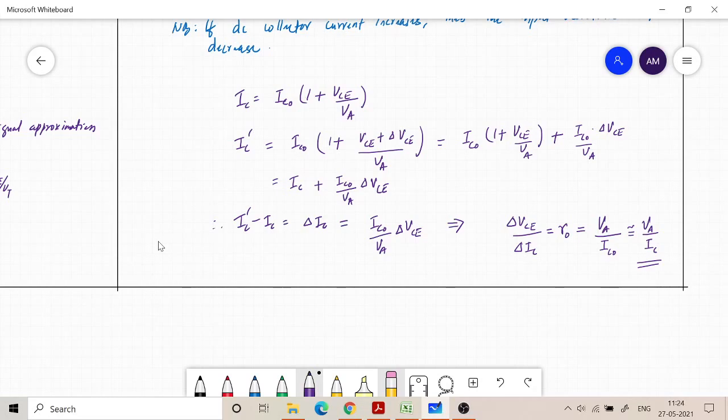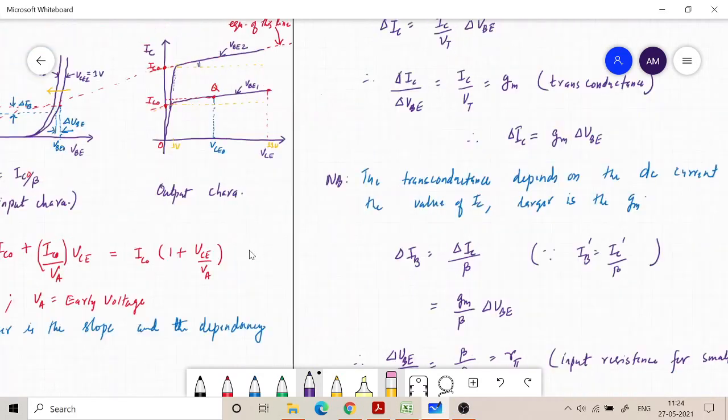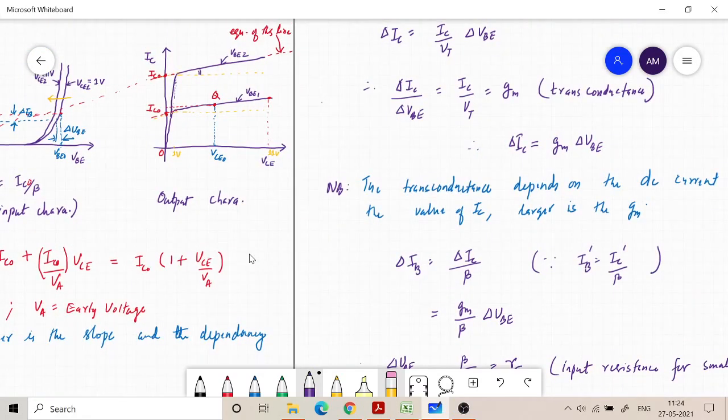So you can see that as the collector current increases, the output resistance according to our model is going to become smaller and smaller, which means what? If you go back to the characteristics here, the upper curve, which corresponds to VBE2, is going to have a larger slope compared to the lower curve.